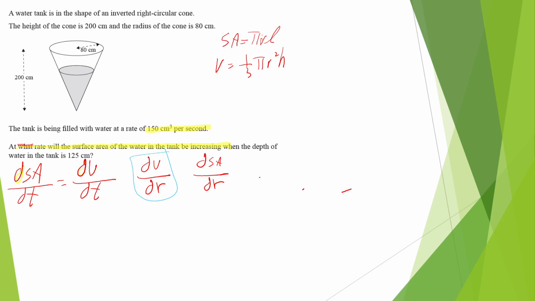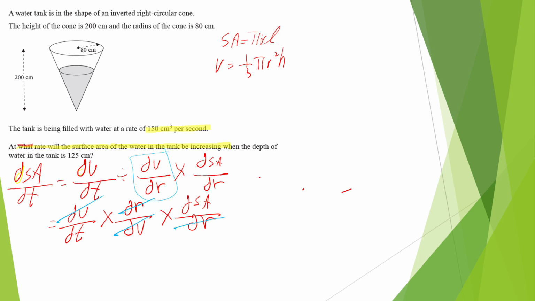How do I flip? By doing division. So if I place divide here and multiply here, dr with dr will cancel out, dV with dV cancels out, so it's only dSA over dt, and that's what you want. So from this step, your rate of change equation is sorted.